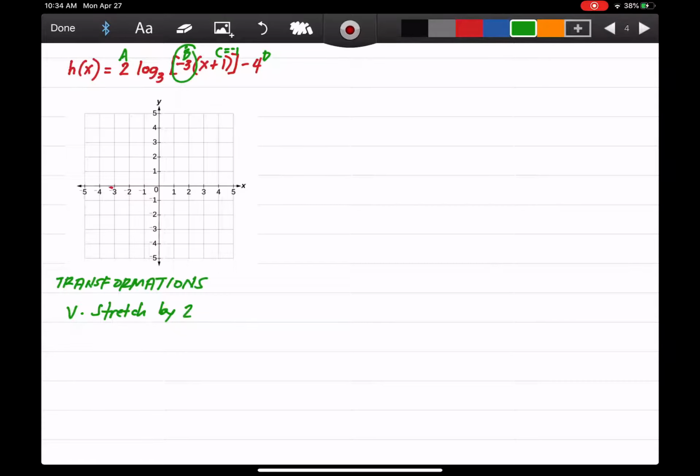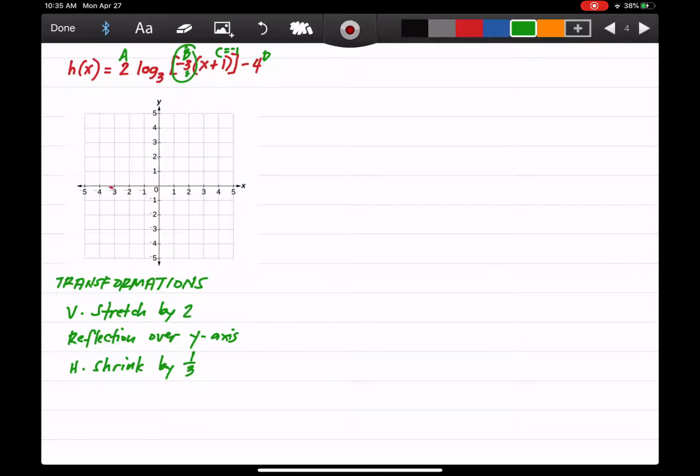So there will be a reflection over the y-axis. And there's 3 here, so we expect that there will be a horizontal shrink by a factor of 1/3.